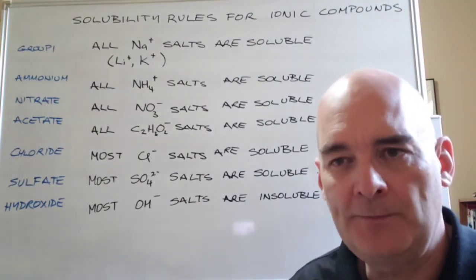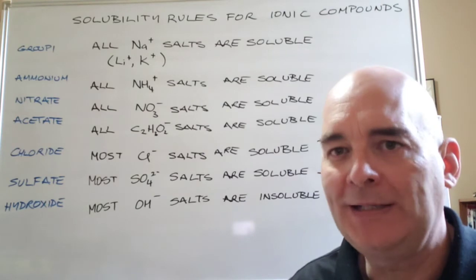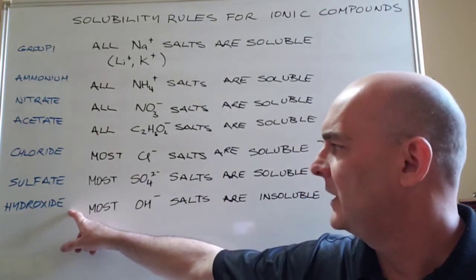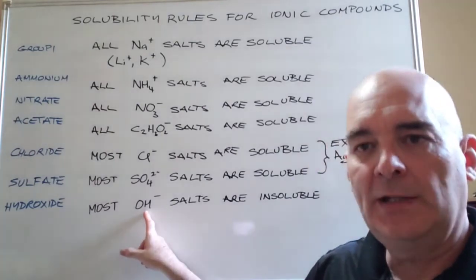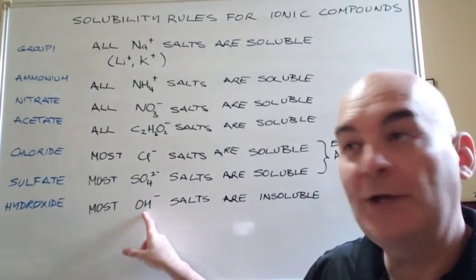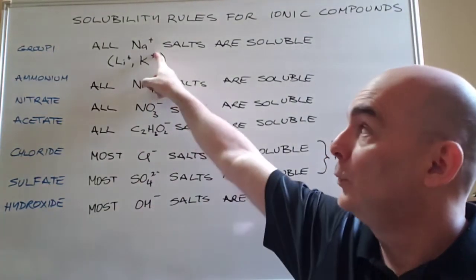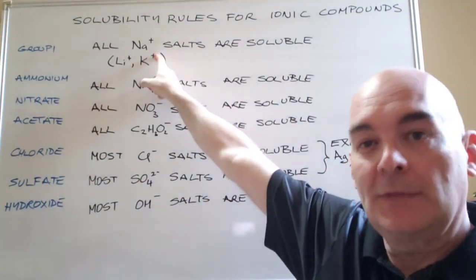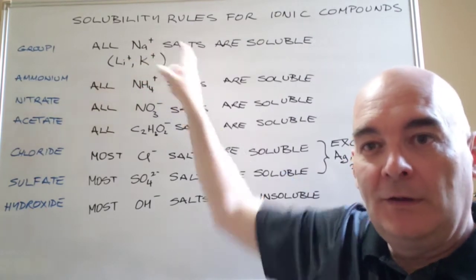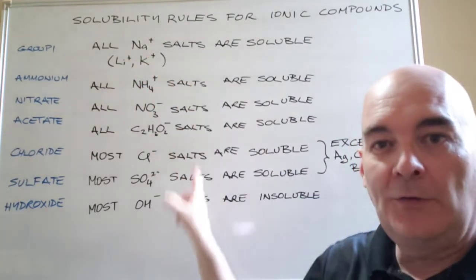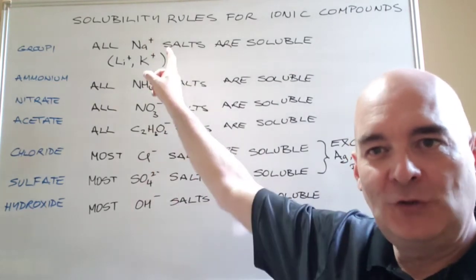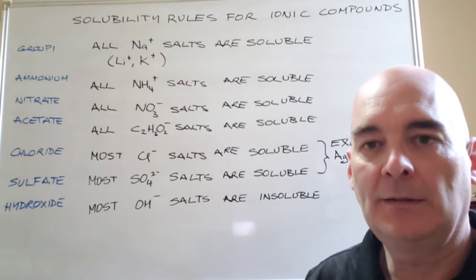Also, barium, which is in group 2, makes a very insoluble salt. Hydroxides. Most hydroxides are not soluble in water. But of course, if you are the hydroxide of a group 1 metal, then you get to be soluble in water. So if there are two things on the list of rules and they conflict, the one that says you are soluble, that one wins.